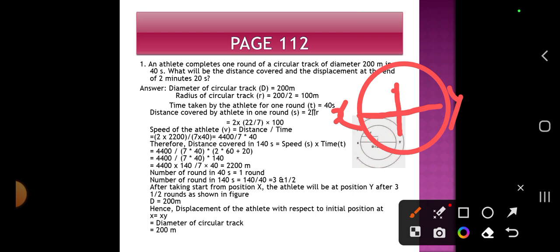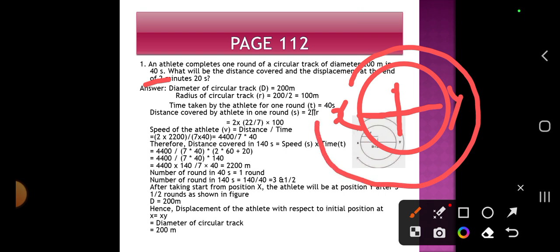Now the time taken by the athlete for one round is 40 seconds, and as we know this is a circular motion of the athlete. So it starts from X, continues with this motion and comes back, completing one round.